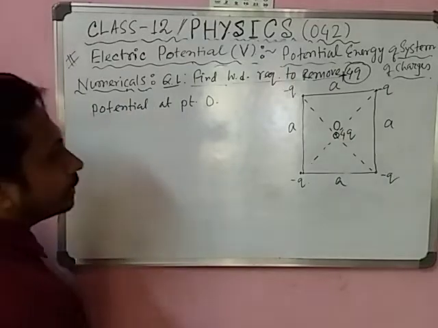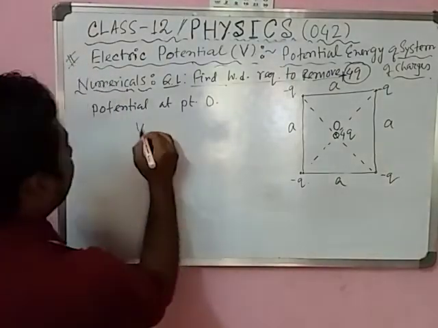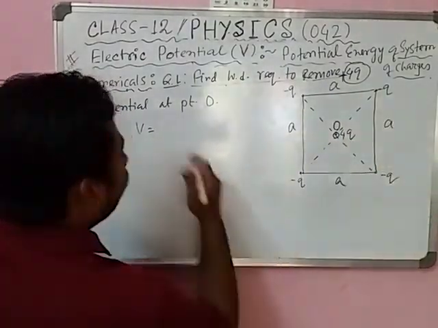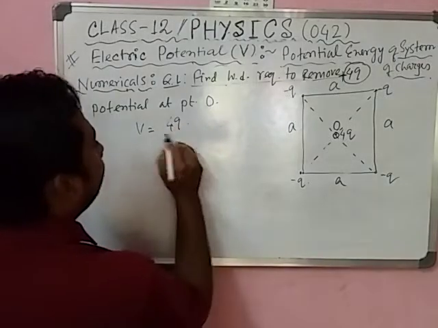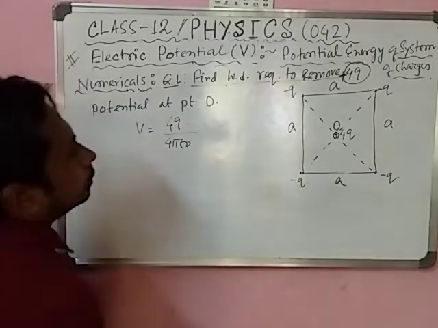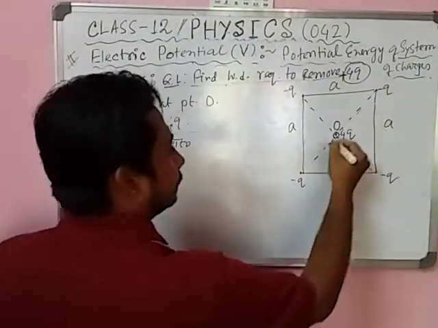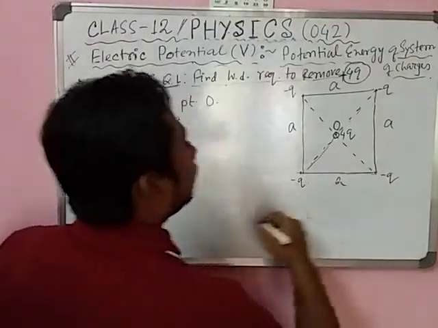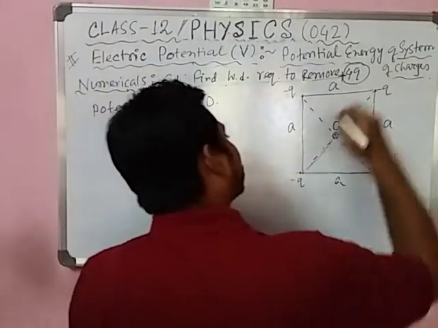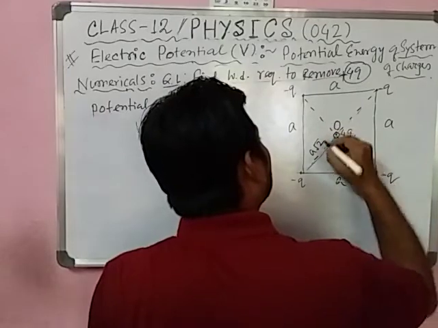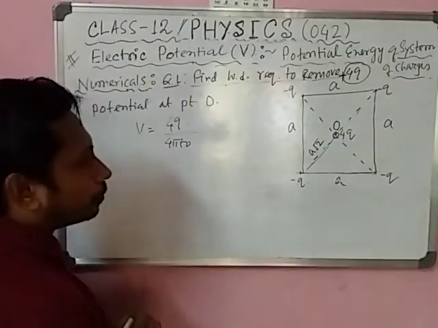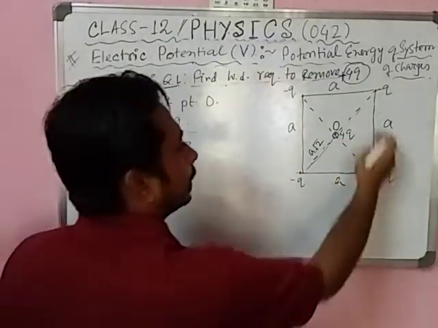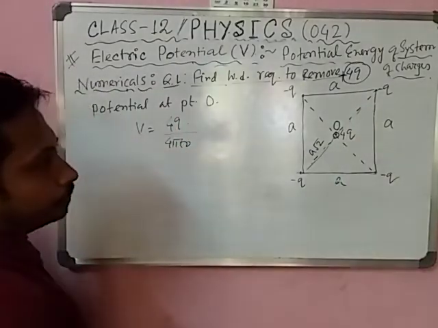So total potential would be V equal to the sum of all charges, so 4q by 4 pi epsilon naught, and think about the distance. If this side is A, then you know the diagonal of the square is A root 2. Am I right? Yes, A root 2. A square plus A square, so A root 2.